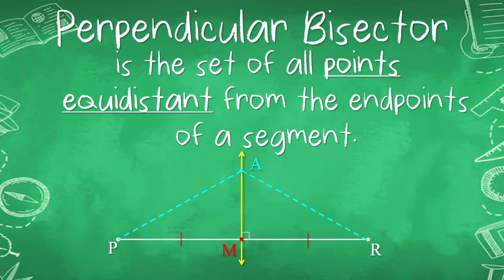The distance from point A to point P is equal to the distance from point A to point R, or the distance from point B to point P is equidistant from the distance from point B to point R. Same rule applies to the distance from point C to point P and from point C to point R. It simply shows that the distances from the endpoints of a segment are symmetrically equidistant to any points of the perpendicular bisector.